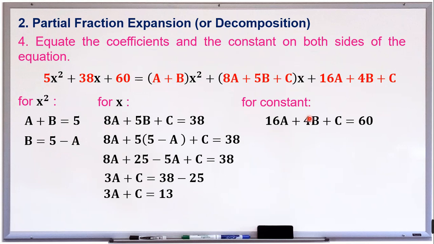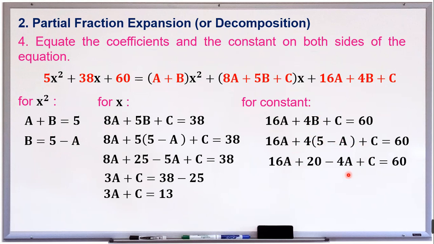So we have 12A plus C equals 40. So we have 3A plus C equals 13, and we have 12A plus C equals 40. So in these equations, we can solve for A in terms of C, and then substitute that expression for A to this equation and then solve for C.